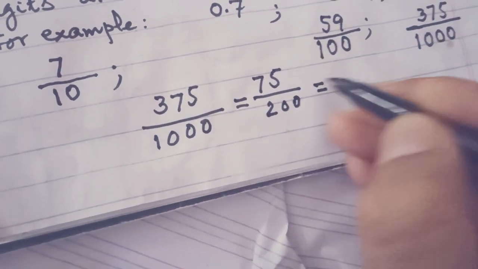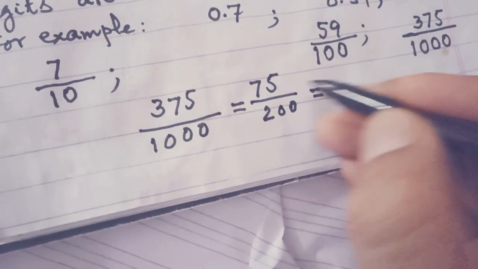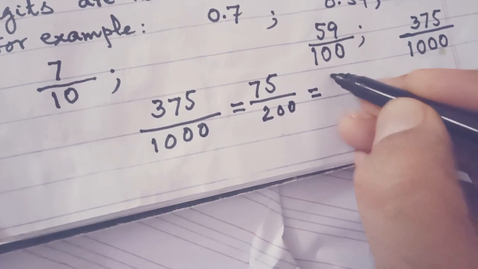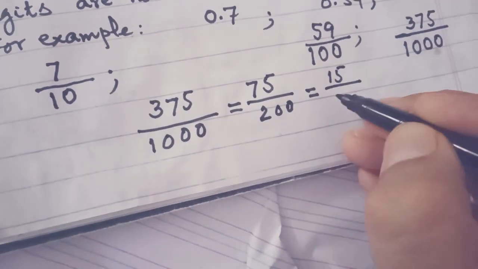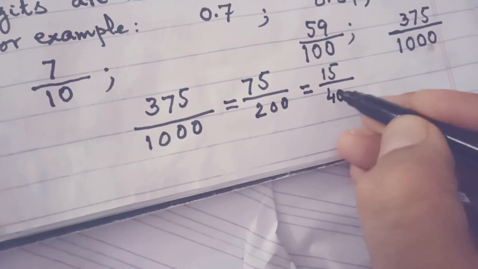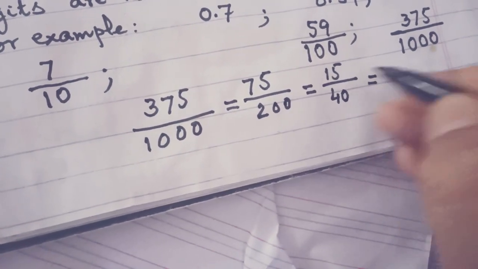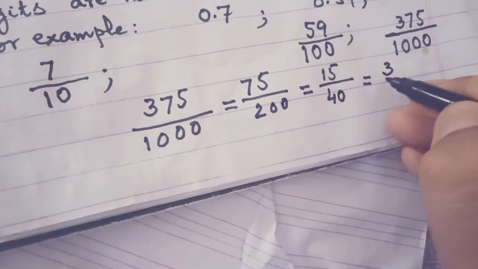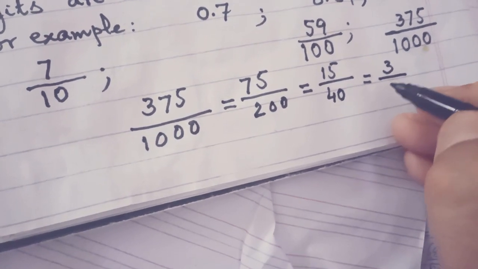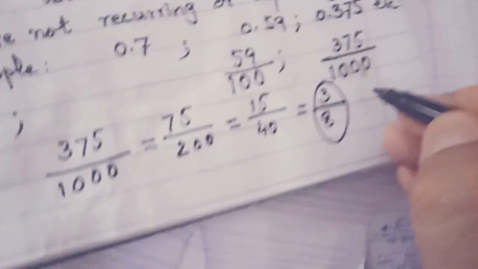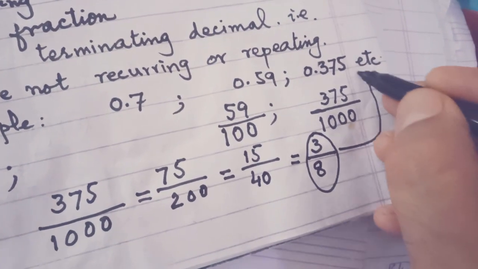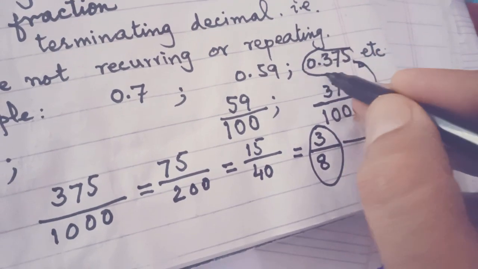Again they can be divided by 5, so we get 15 over 40. Again they can be divided by 5, we get 3 over 8. So this is the fraction which we have made from this decimal.